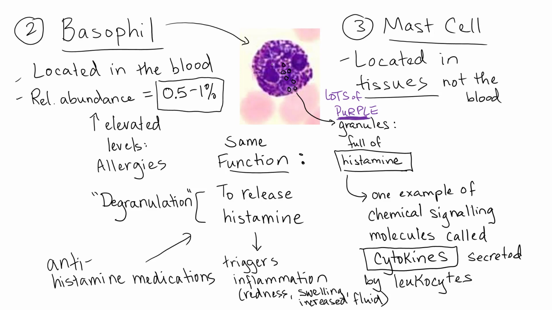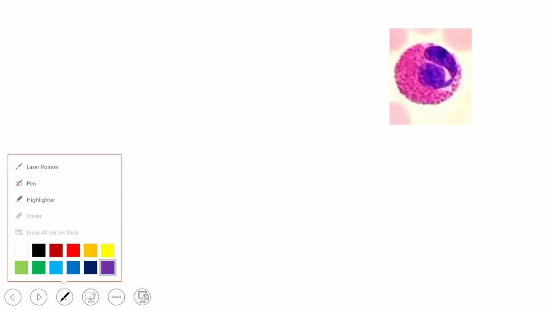It also has a bilobed purple nucleus as well. But usually the abundance of the histamine granules take over the cytoplasm, and that's pretty much what you see. It's a very characteristic way to diagnose basophils. Okay, next, number 4.